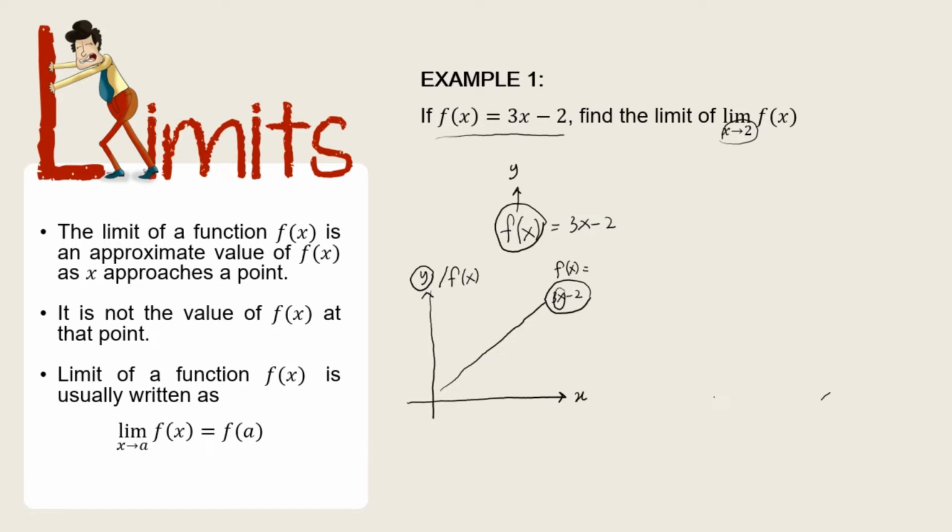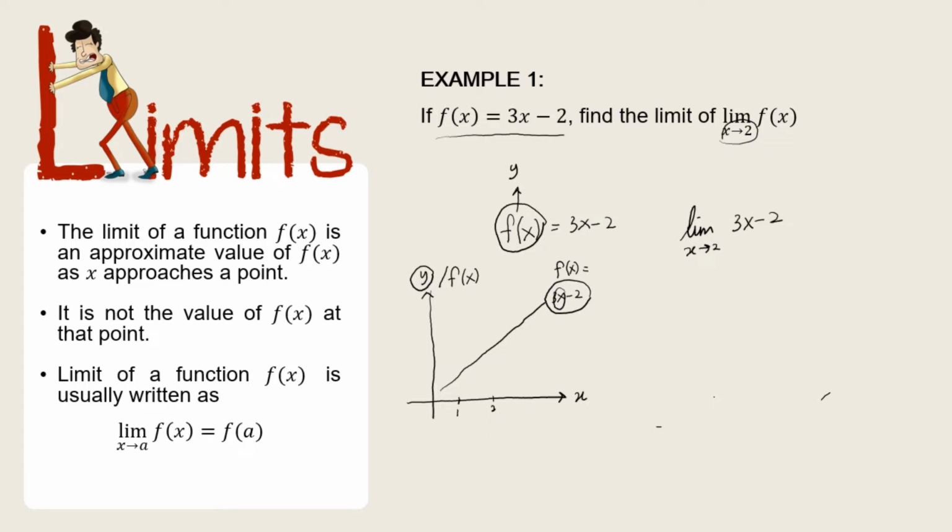But when we are talking about a limit, we now want to find what is the limit for the function 3x minus 2 when the value of x approaches 2. If you can see, the value of x starts with 0 here, and then we can have the value of x equal to 1 and the value of x equal to 2.